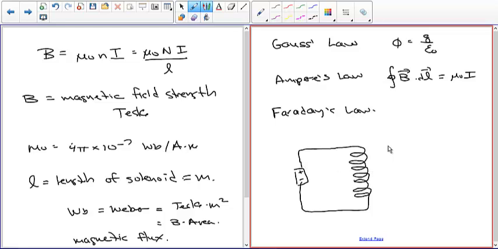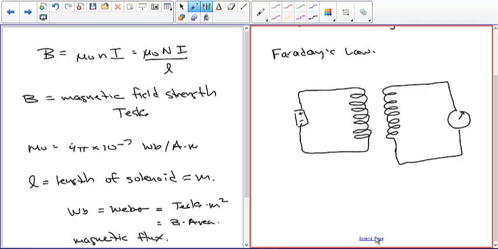And then over here, he had another loop of wire in close proximity. He might have even had a little piece of metal that went through the whole thing to tie them together. I'm not sure if he did or not. And over here, there was a meter. This meter was to measure current. So we'll write that in there. So this is to measure current.